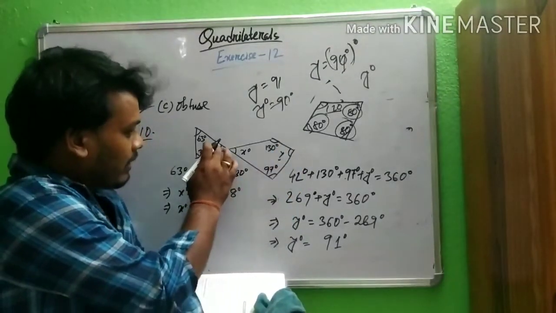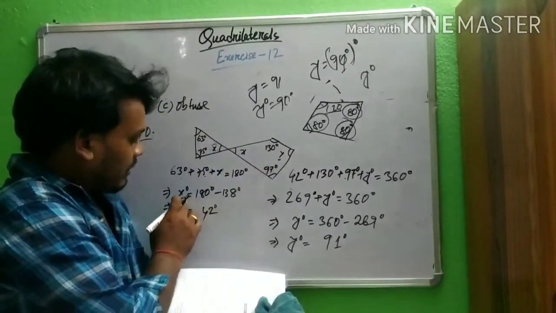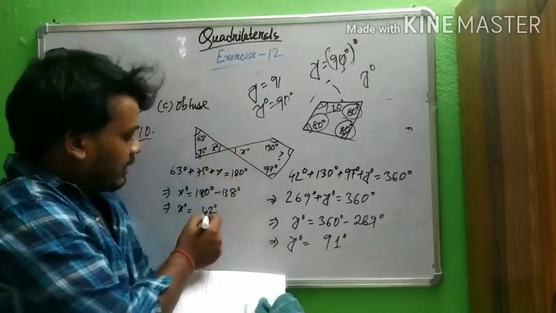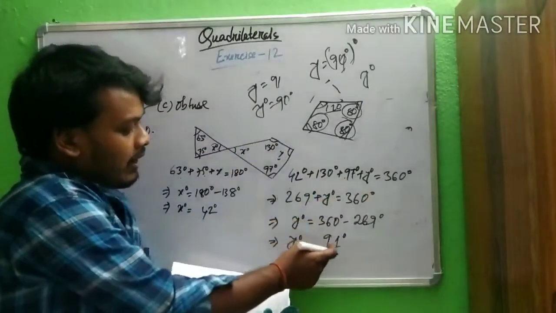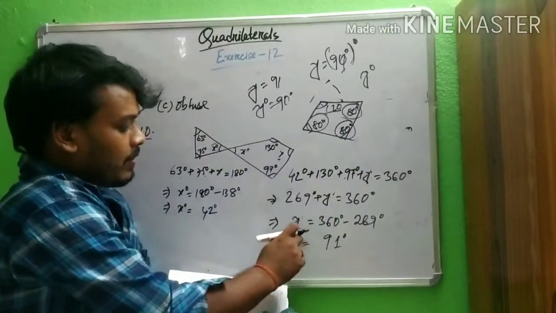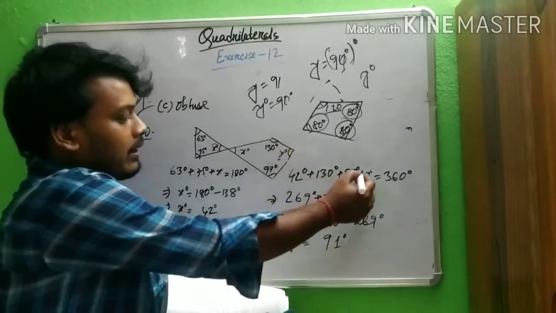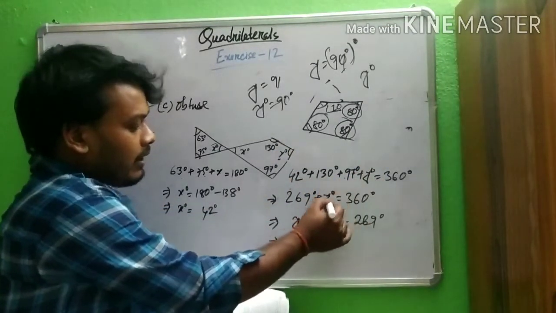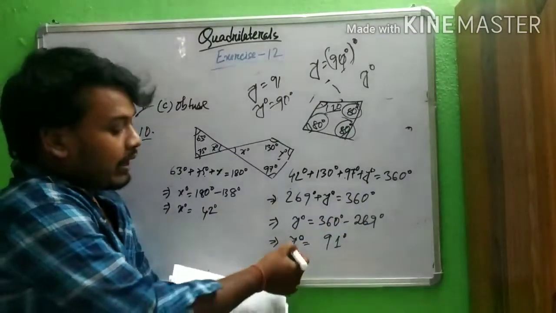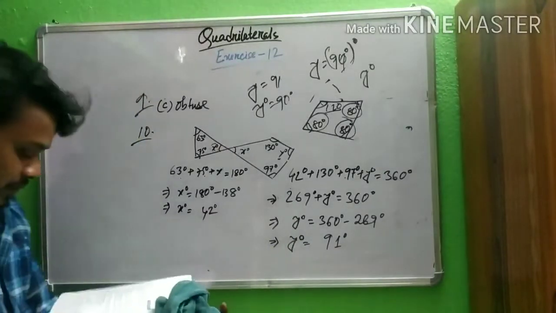If here also X is there, so the value of X, or X degree, is 42 degrees, then also okay. Therefore the value of Y is 91 degrees. If we write degree here, then degree here and here also, so Y degree equals 91 degrees, not Y equals 91 degrees. Okay, I think you can understand.